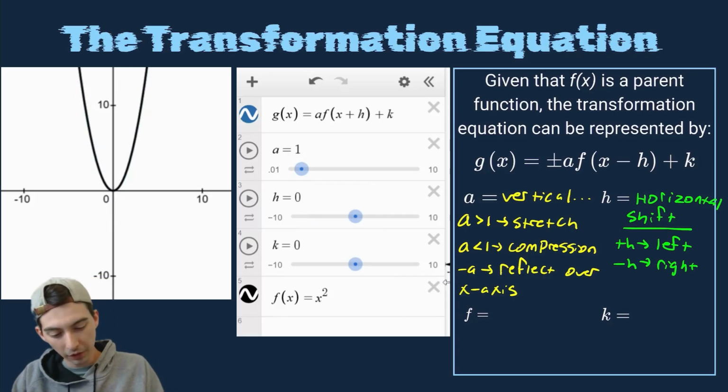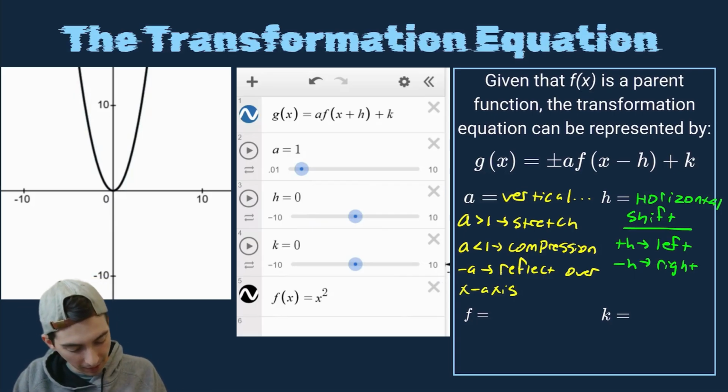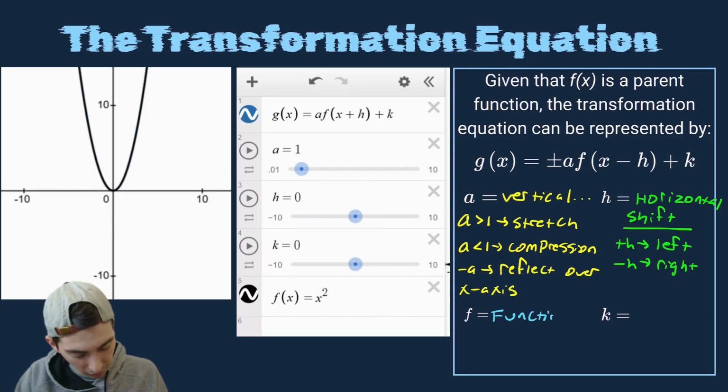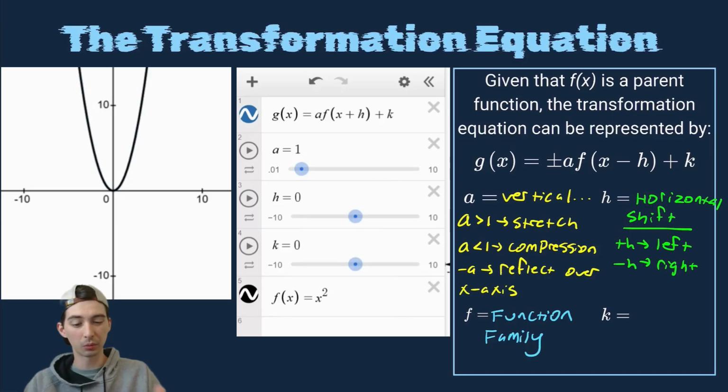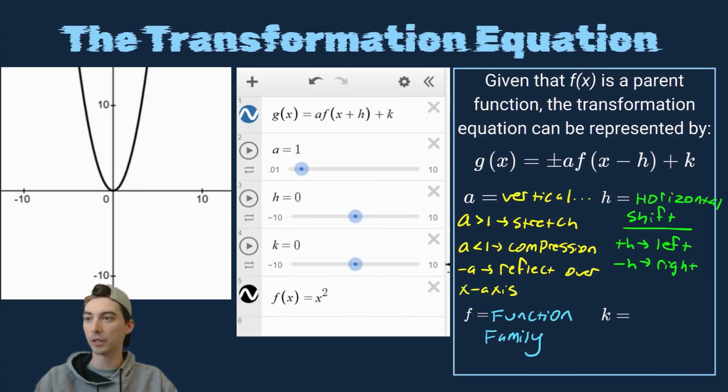Our last letter, well, first we have this f, and f is going to describe the function family. Okay, so f isn't really a transformation, it just describes whatever function family we're working with. The last letter that we really have is k, and k is going to describe how far up and down we go.